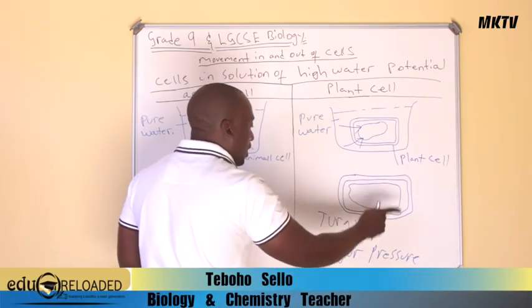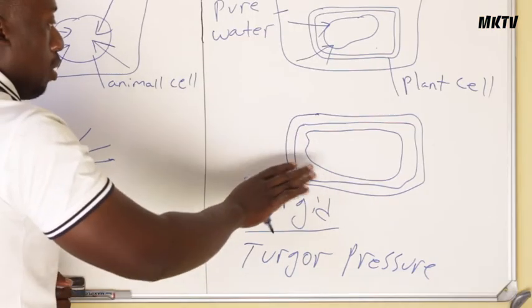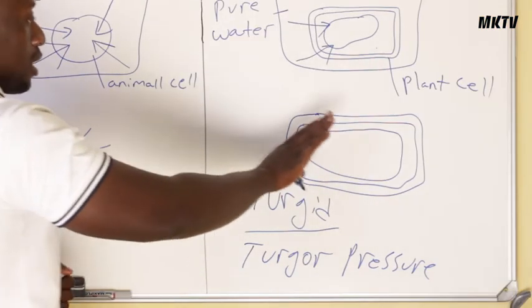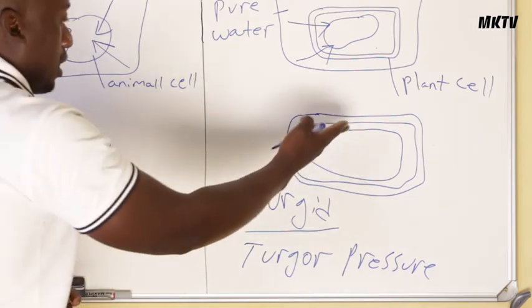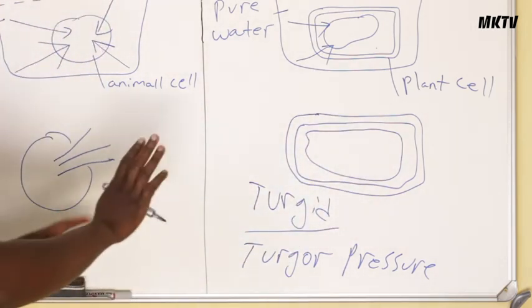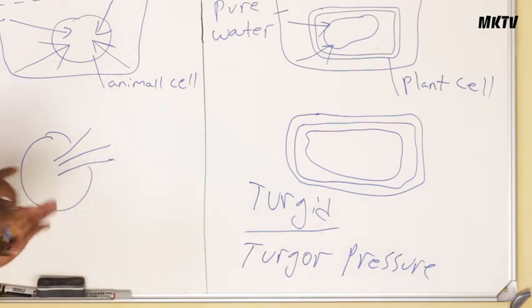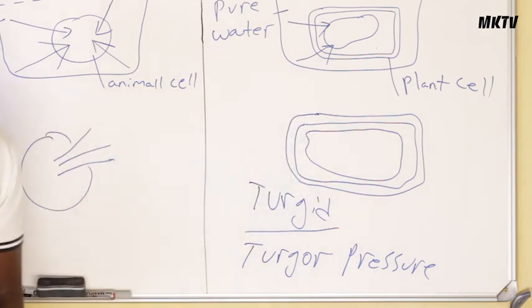As water moves in, the vacuole pushes the cytoplasm and the cytoplasm pushes the cell wall. So here we can see that the cell is now bigger, but it is not going to burst like the animal cell because it is covered with a cellulose cell wall. Thank you.